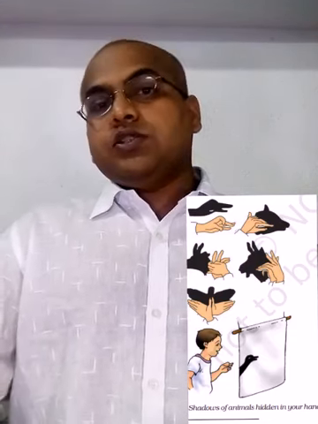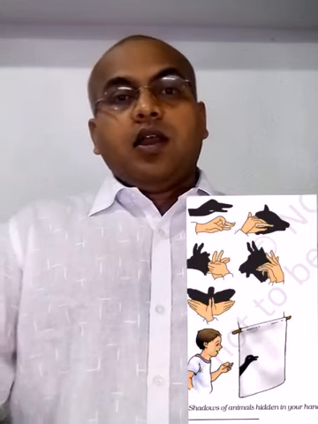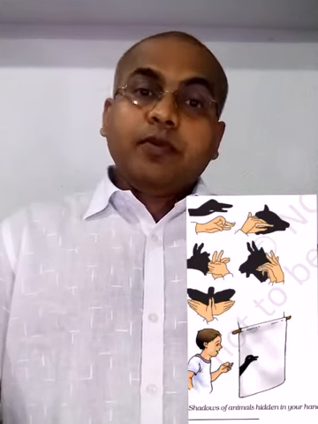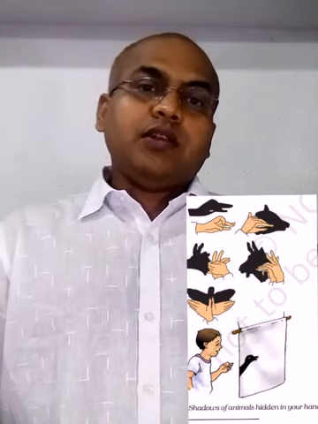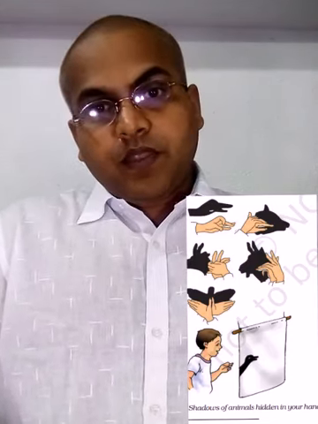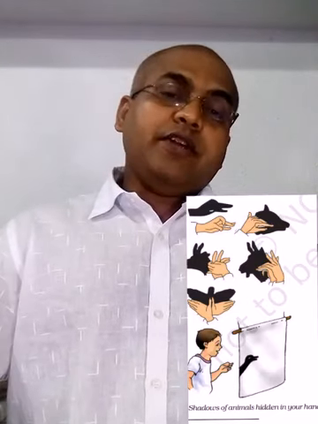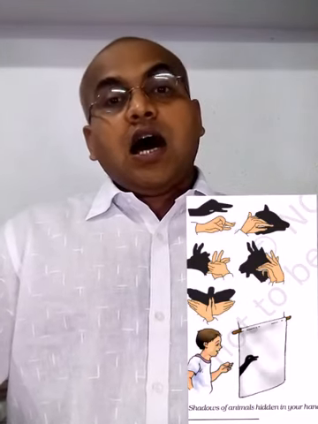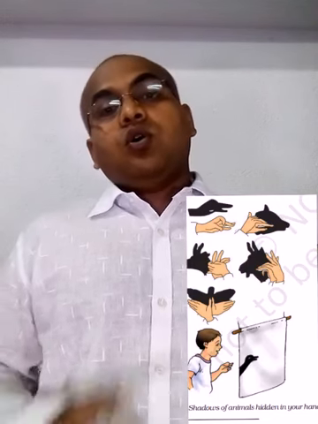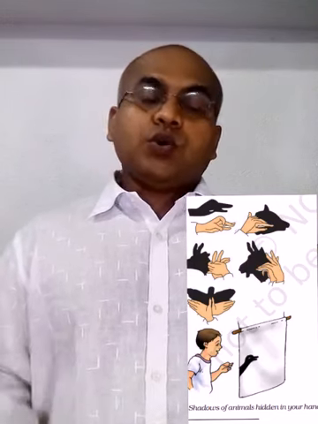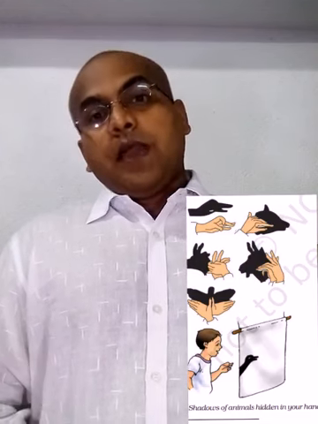So in the previous case, when there is no background or no screen behind your friend, the shadow does not appear in the absence of a screen. From this activity, we understand that a shadow is formed on a screen. So for a shadow, we need a source of light, we need an opaque object, and we need a screen.